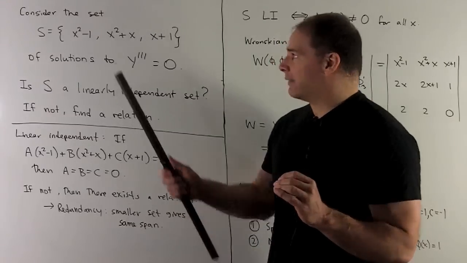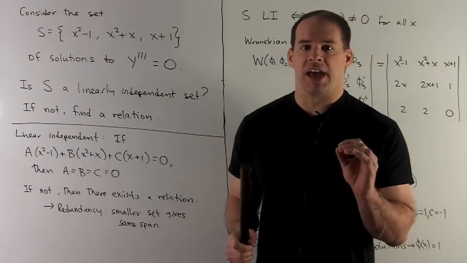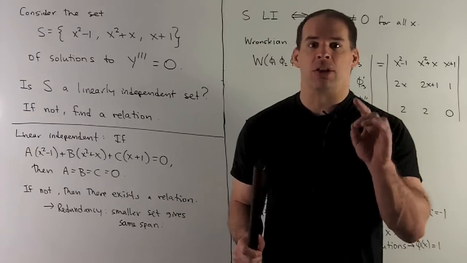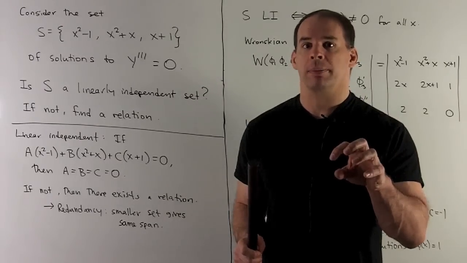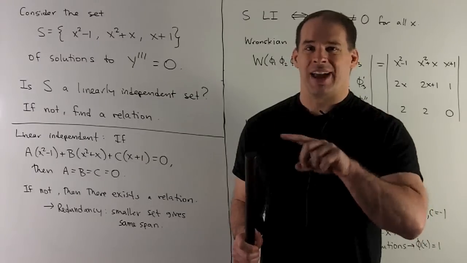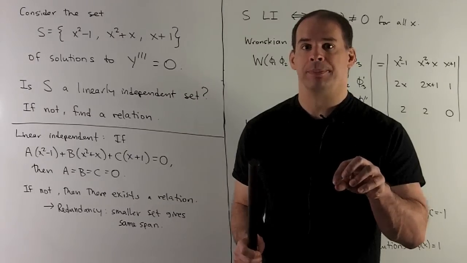Now, what does linear independent really mean? The idea is, if I consider all linear combinations here, linearly independent says if I throw away any one of my functions, then the set of all linear combinations is going to get smaller. So in some sense, a linearly independent set requires every function that's in there. If you throw anything away, you get a smaller set.